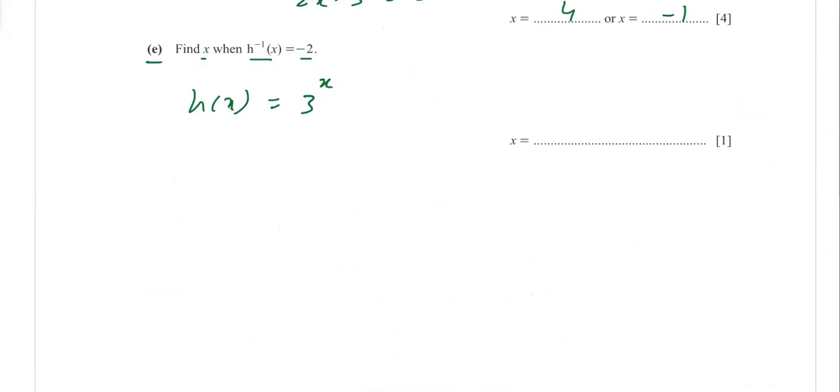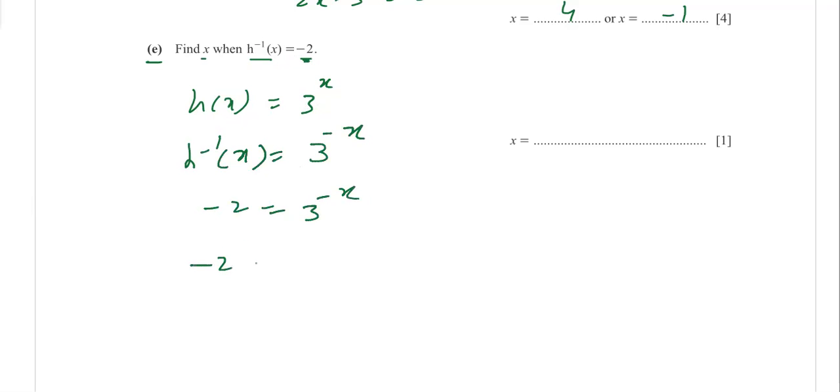So first I need to get h inverse x. For that, if I use this property, if I take the reciprocal of this one, I can get h inverse x. It will be 3 to the power minus x. So now it's equal to minus 2, so I can say minus 2 equal to 3 power minus x.